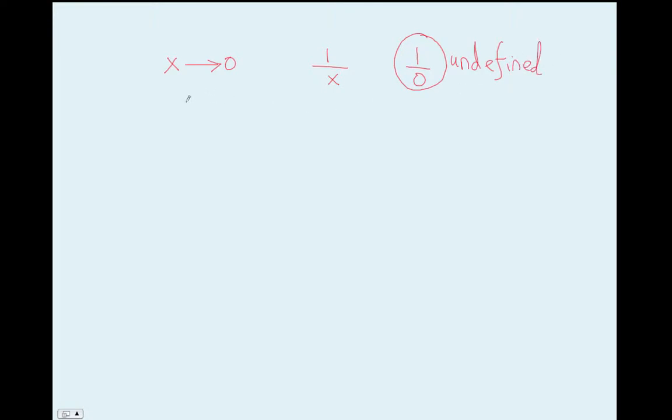On the other hand, the limit as x goes to 0 of 1 over x is surely some very, very large thing. And we call this infinity. But be very careful, this thing which is called infinity is not a number.